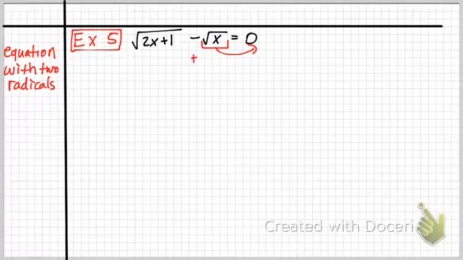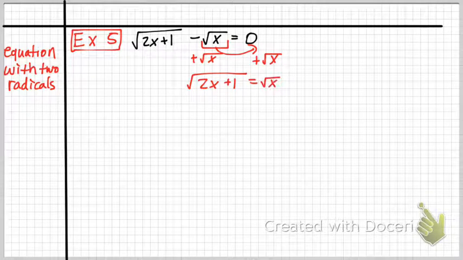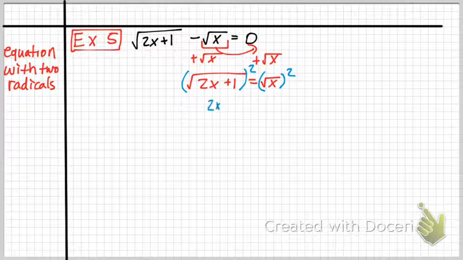So we're going to add square root x to both sides, and you get the square root of 2x plus 1 is equal to the square root of x. And then you can square both sides. And what you get is 2x plus 1 is equal to x.